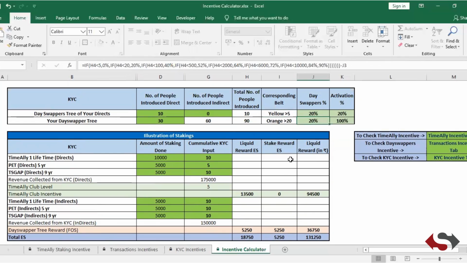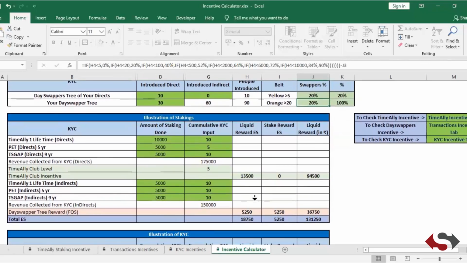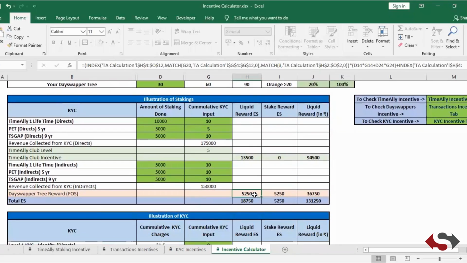So I'm getting 20% of the reward at orange, around 5,250. That adds up to around 18,000 Eraswap, which I'm getting as liquid reward, out of which around 5,200 I'm getting staked, which I shall be restaking definitely. And if I convert this liquid reward into rupees, this is how much I'm getting at a 7 rupee rate.